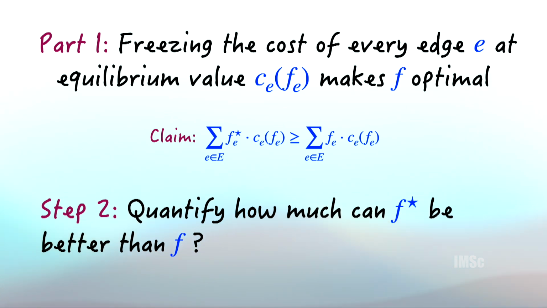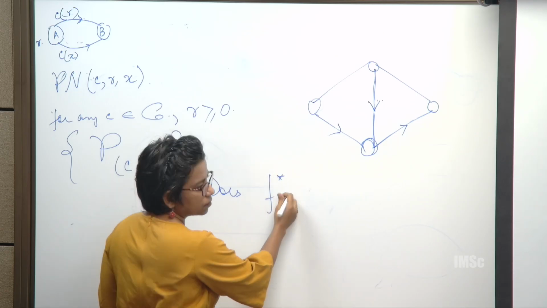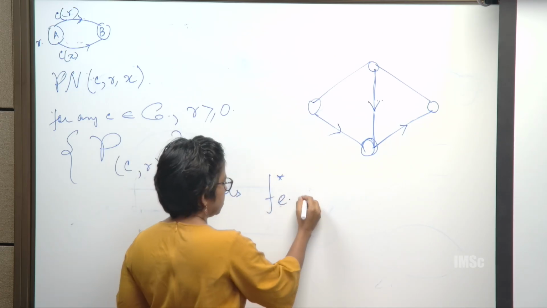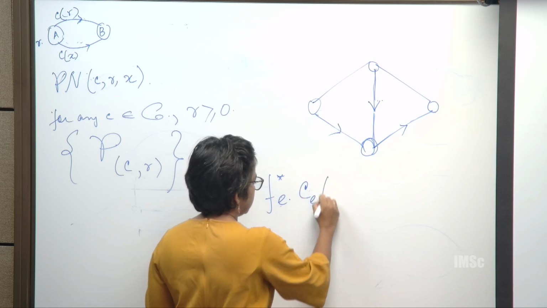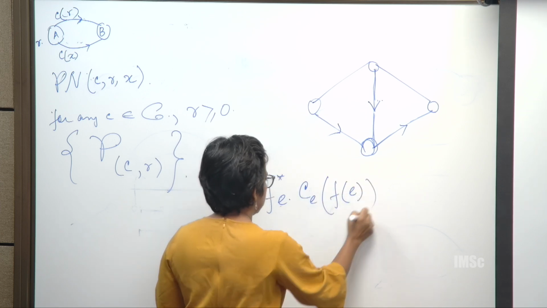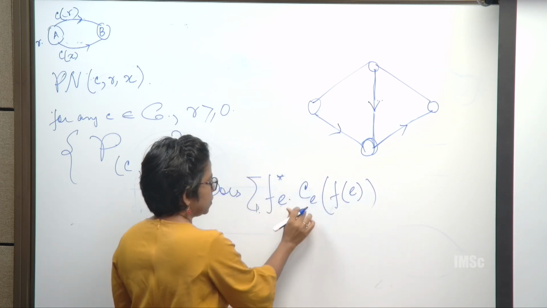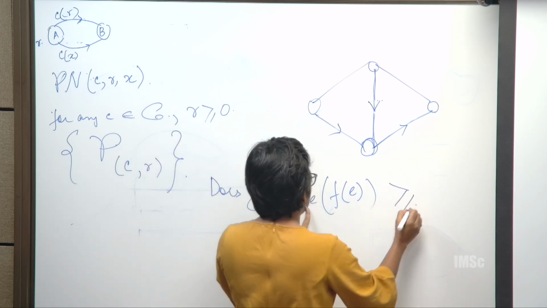Or not? It's the same inequality except for the idea that f is a different flow. You were changing the cost also, right?